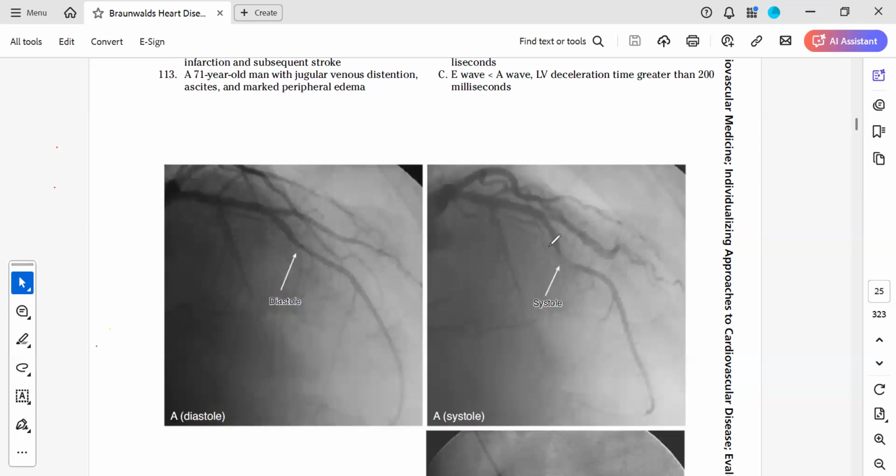So you only see a thin line connecting the parts proximal and distal to it, as opposed to the image on the left, where even though there is some narrowing, such that the caliber is less than the areas just proximal and distal to it, it has regained some of its caliber, so the flow of contrast through it is better. So that would match with option 105, which was my question. So for 105, the answer is A.